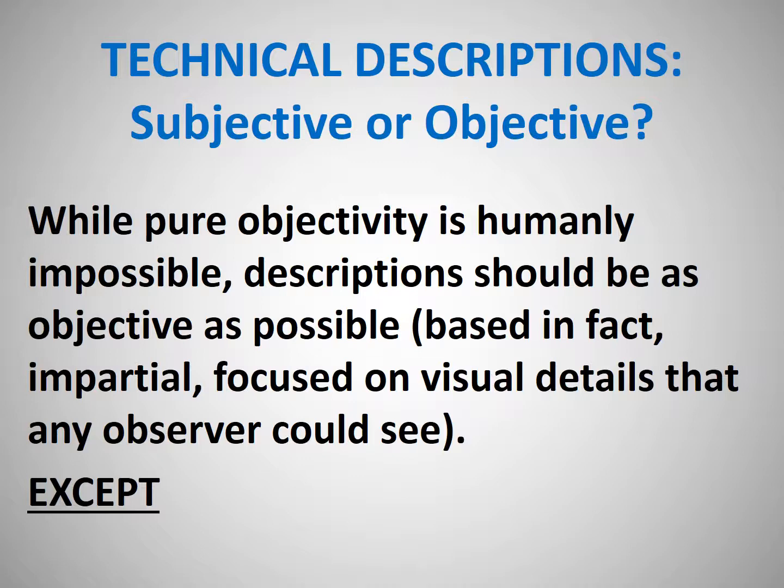Now, let's say a word about subjectivity and objectivity when you're describing something in technical terms. First off, we have to acknowledge that it is impossible for a human to write something in a purely objective way. Humans cannot be purely objective.